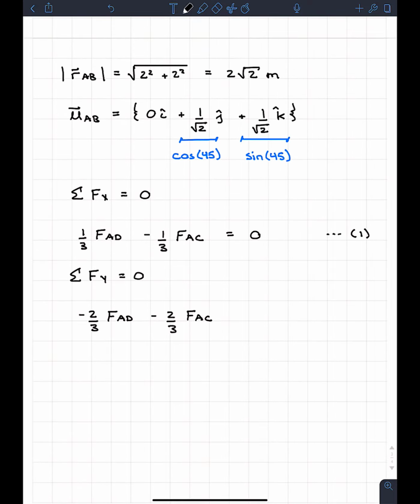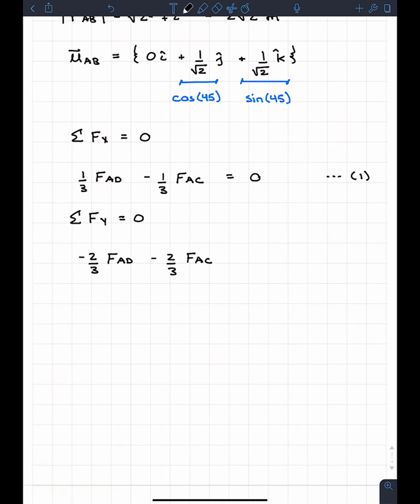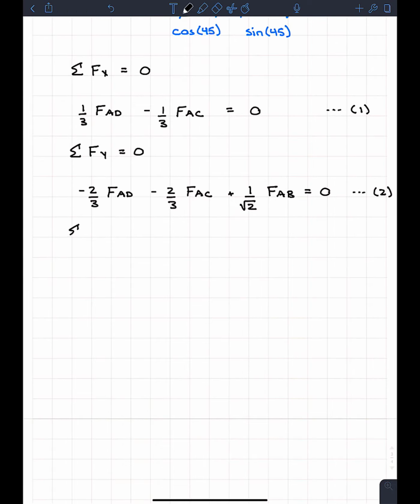And we look at AB, and this one does have a component for the j, and that's plus 1 over root 2, and this is FAB. And this one's equal to 0 as well. It's equilibrium, so this should all equal 0. This is equation 2.